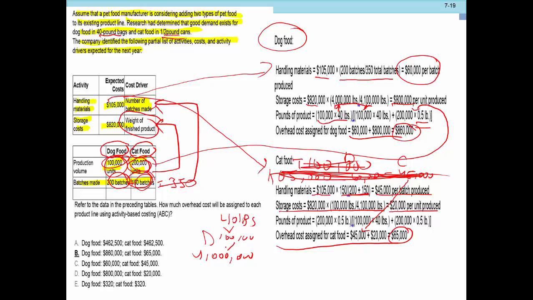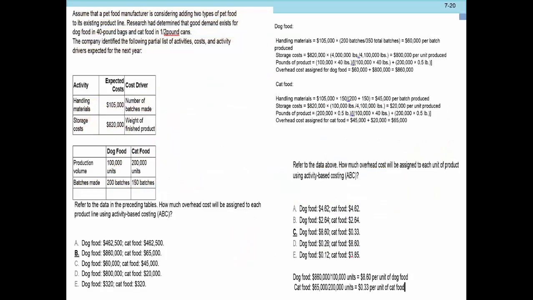So that's where the 4 million came from, right? And then to get the cat food, it was 0.5 times the number of cans, 200,000.